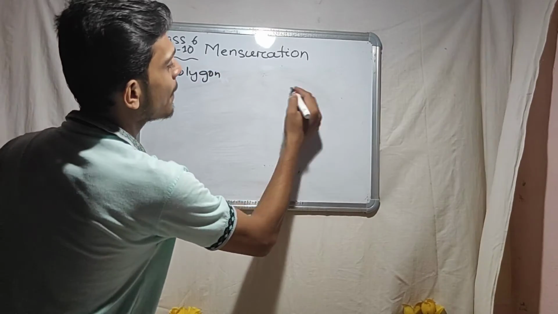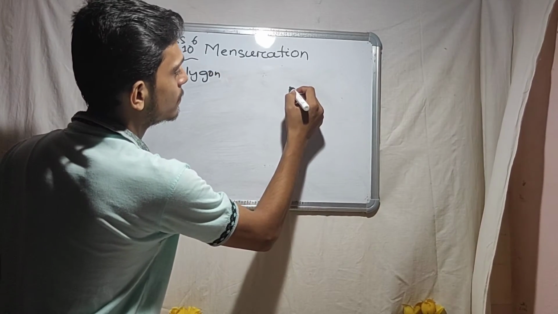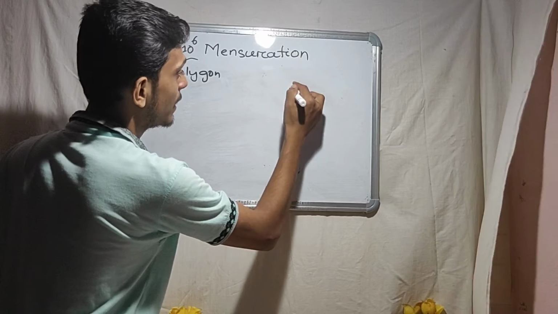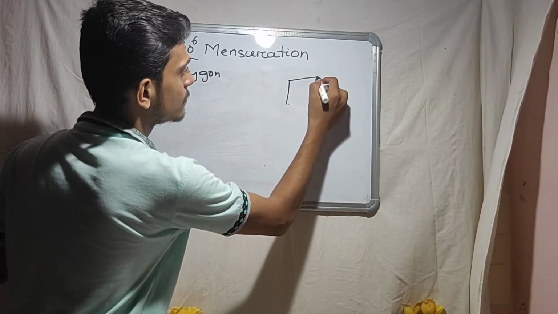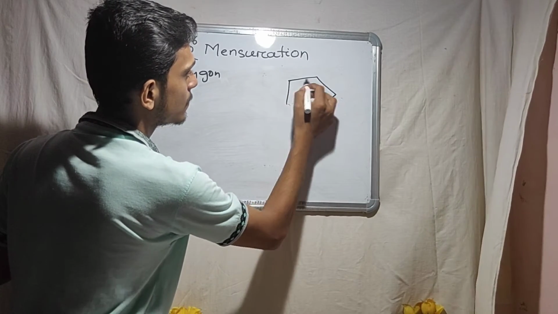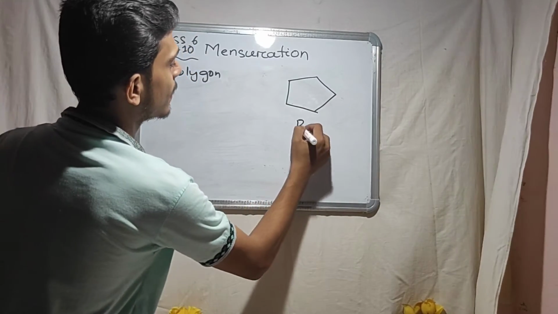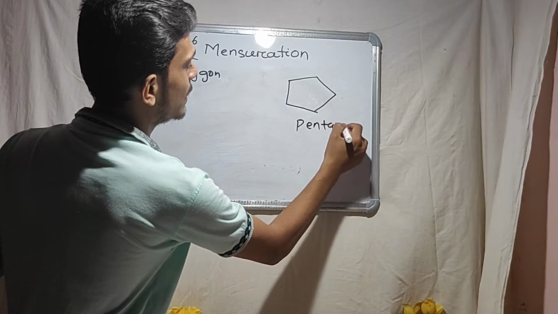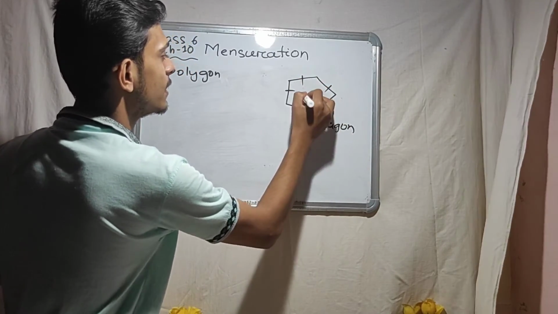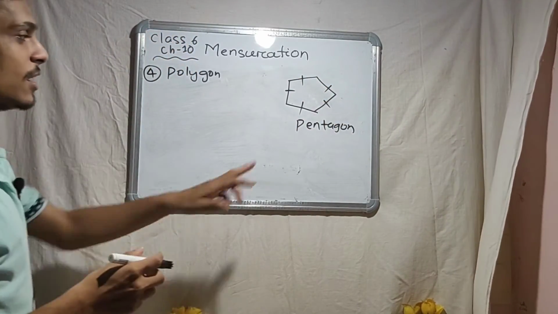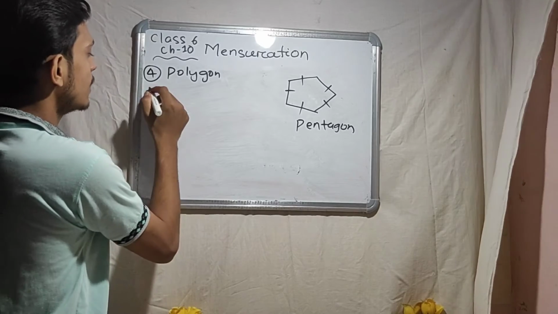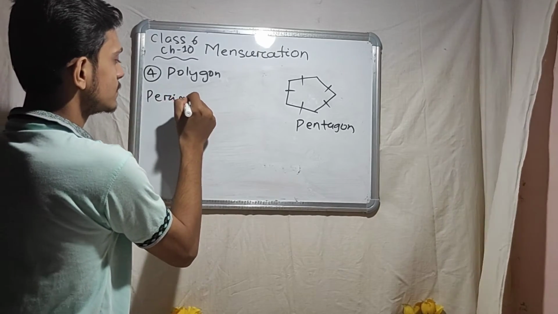Suppose I draw a polygon, sorry, a pentagon. This is a pentagon. It means 5 sides, and all the sides are equal. So the perimeter is how much?